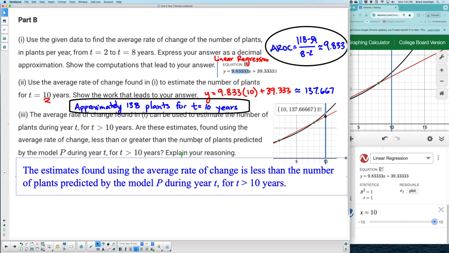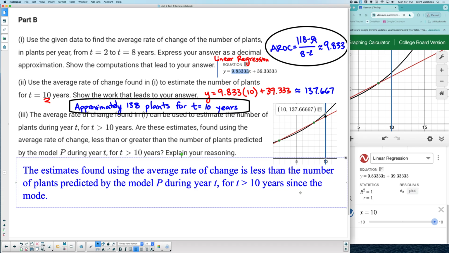Now it says explain your reasoning. The reasoning you always say is about the concavity. Is this less than because the model is concave up or concave down? What is going on with the black model here? Okay, it's less than. So I'll just add that in here. Since the model P is concave up.